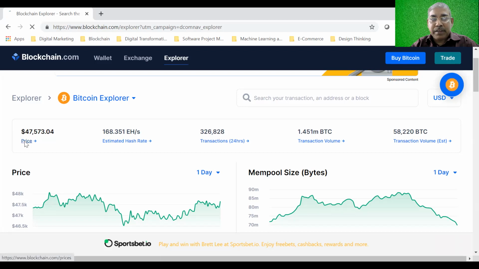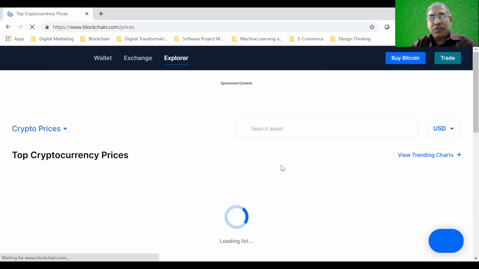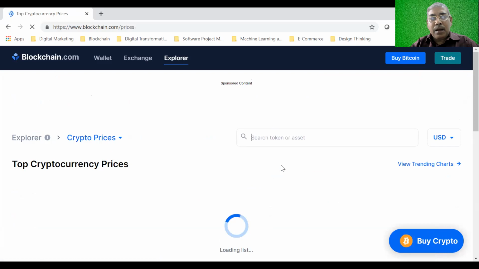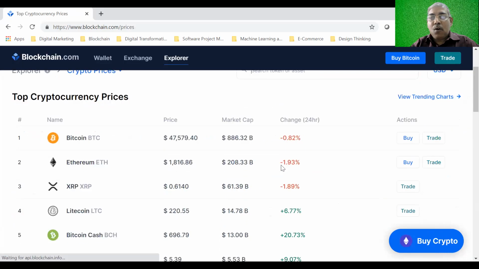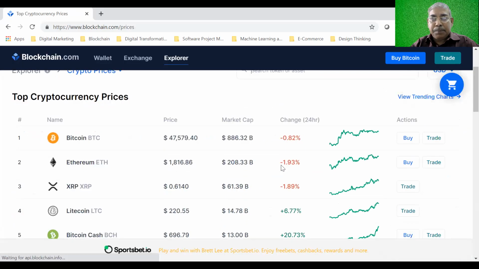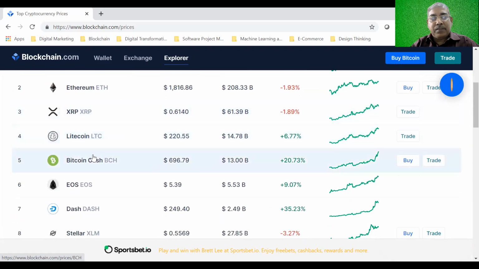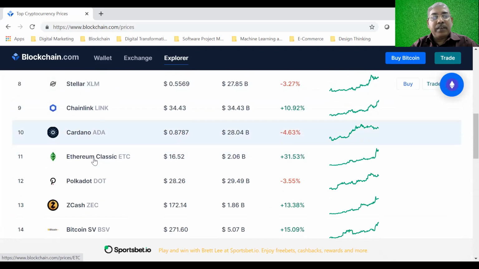And if you go to the details, you will be able to see how the prices of other cryptocurrencies are doing, not just Bitcoin. So these are all the different types of cryptocurrency. Ethereum is another such popular cryptocurrency. There are quite a few others as well.